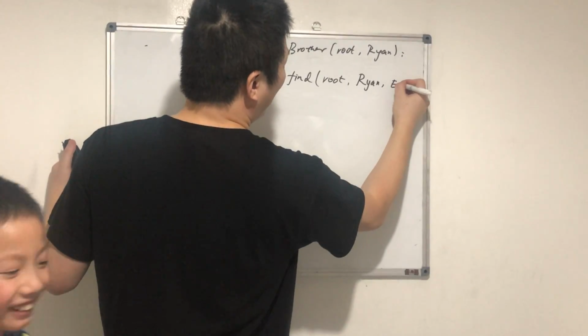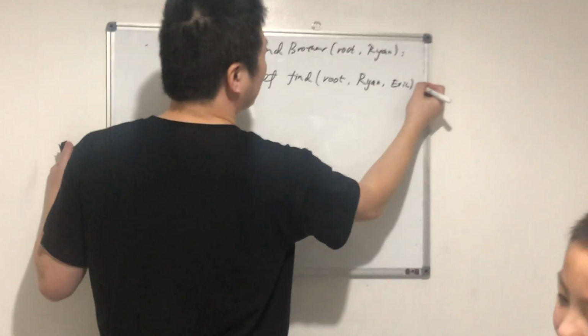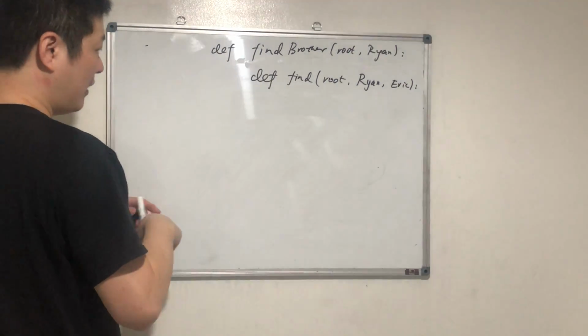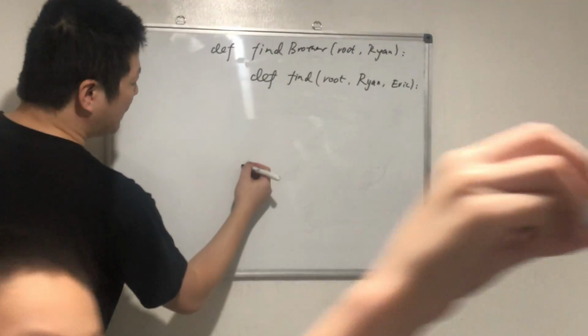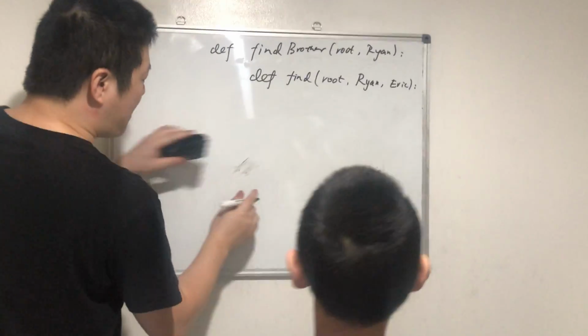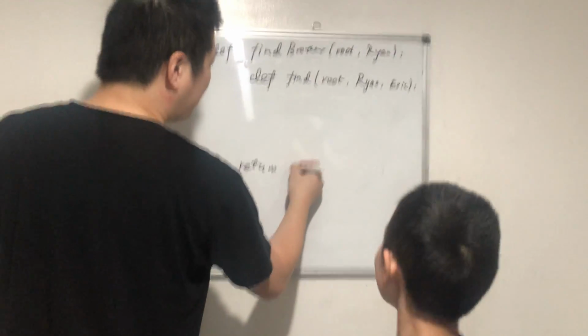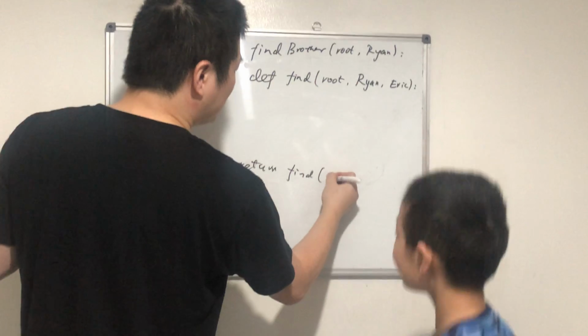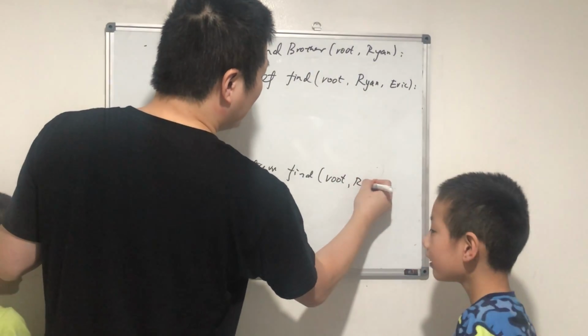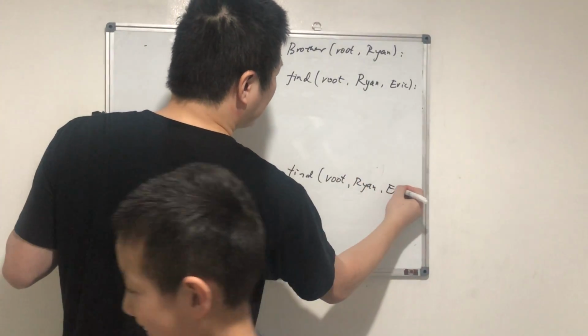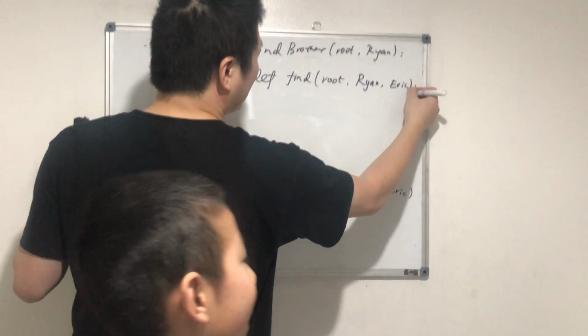What's missing? Colon. Now at the beginning, we want to find the root with the brother and sibling, okay? Sibling is the sibling.